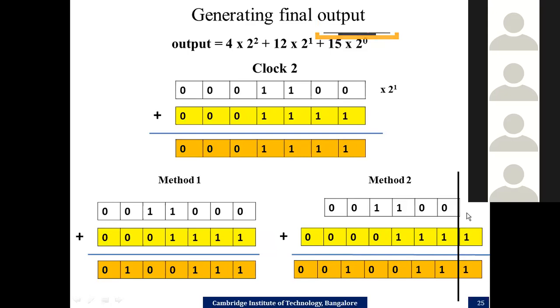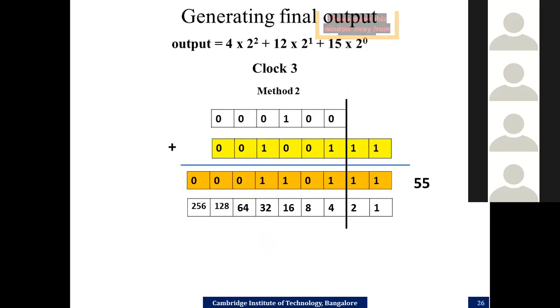Now we have taken the second clock cycle and we are able to perform the process. In the third clock cycle, again the content of the register would have been shifted by 1 unit, and you get an output equal to 4, the content of the shifted register, and you get an output 000110111.